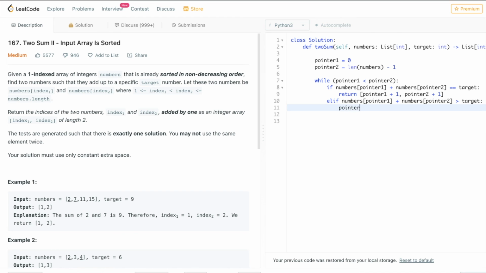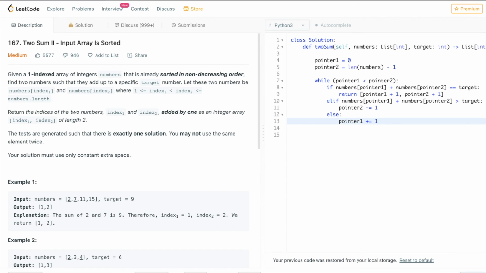So pointer 2 minus equals 1. And then otherwise, we've reached the case where numbers at index pointer 1 plus numbers at index pointer 2 is less than the target. So what we would like to do in this case is move the left pointer. So pointer 1 plus equals 1.